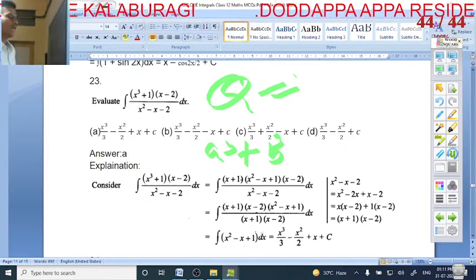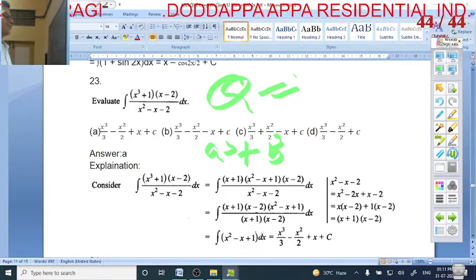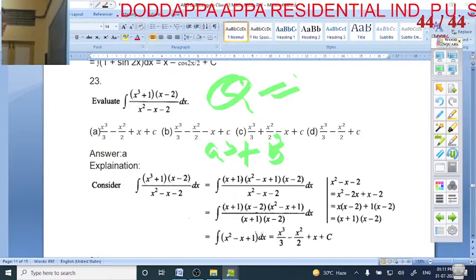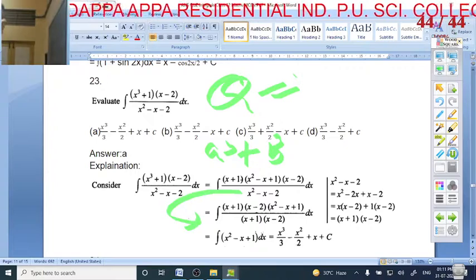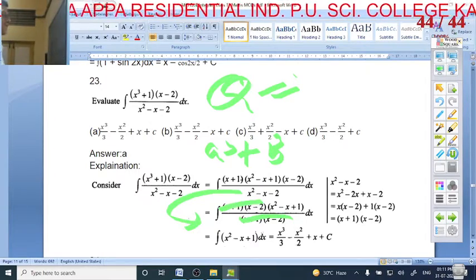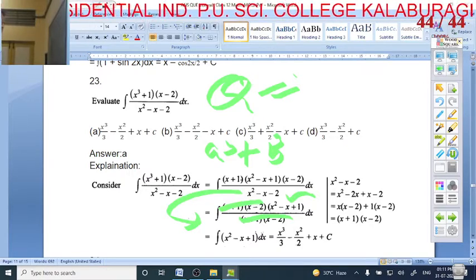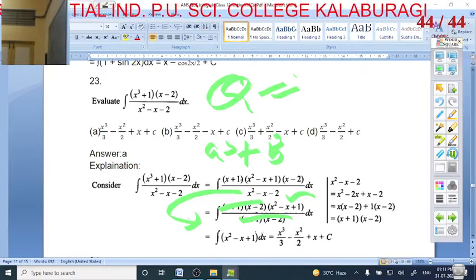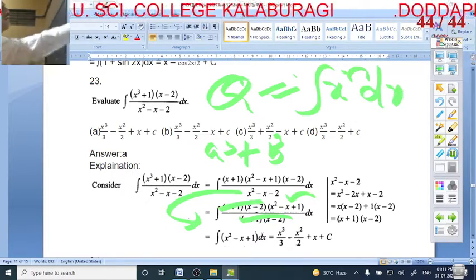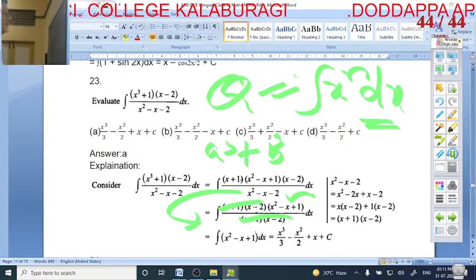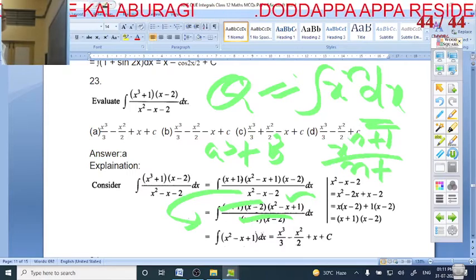Multiplying by x minus 2, and dividing by the denominator whose factors are x plus 1 and x minus 2, those factors cancel and it remains in the standard form, which can be integrated easily. The integration of x to the power n dx formula you should remember: x to the power n plus 1 divided by n plus 1, plus c.